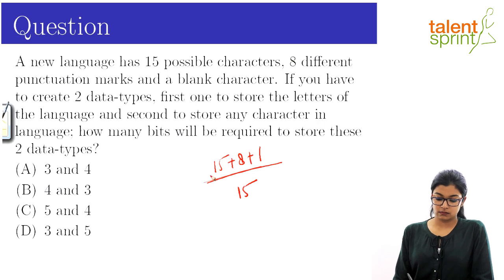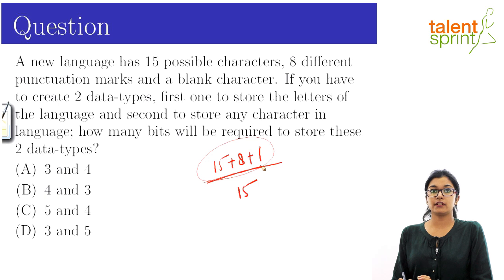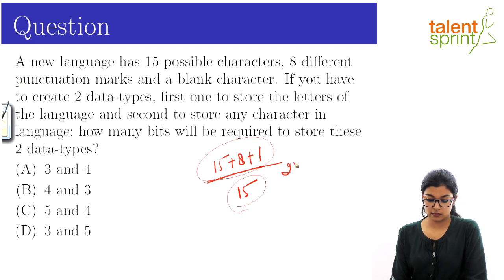So you have to find out how many bits will represent this and how many bits will represent 15. So let's see, 2 to the power 2 minus 1. What does it give you? 3. In 3 you cannot do anything, right? 2 to the power 3 minus 1.